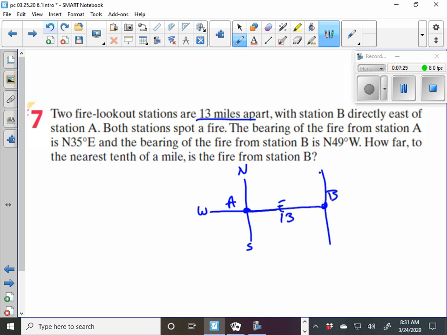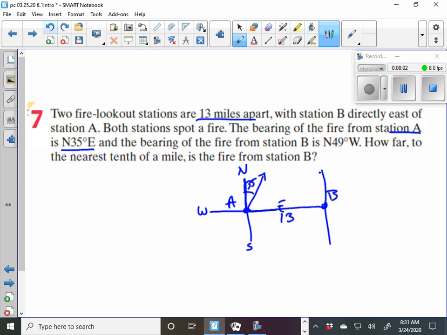Both stations spot a fire. The bearing of the fire from station A is north 35 degrees east. Well, I know from the north we're going this direction, 35 degrees east is this direction. That's 35 right there, and I'm going to try to write that so we can read it.